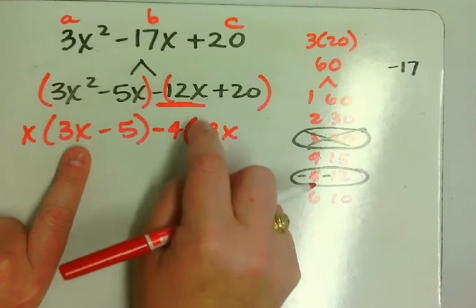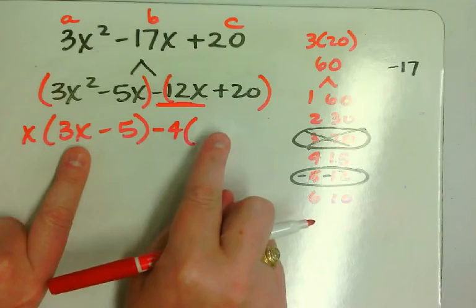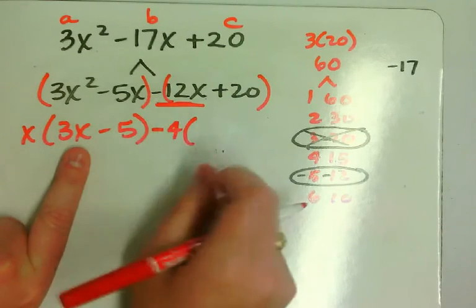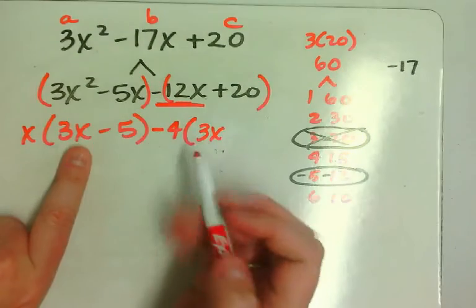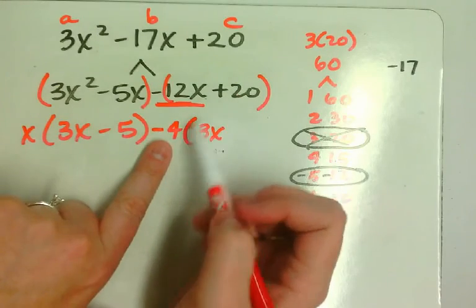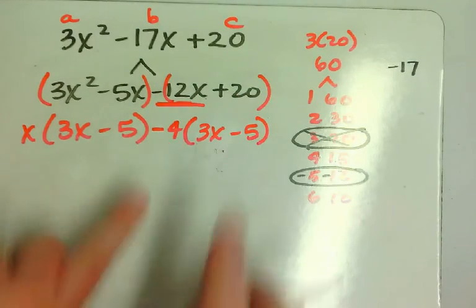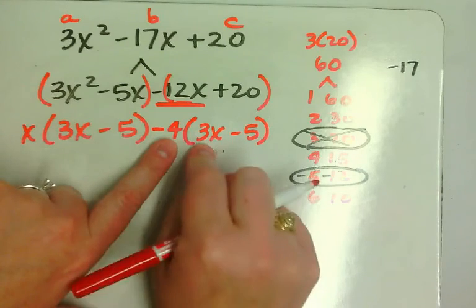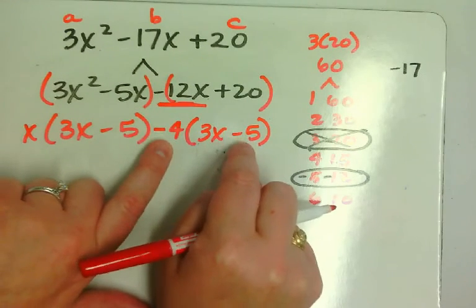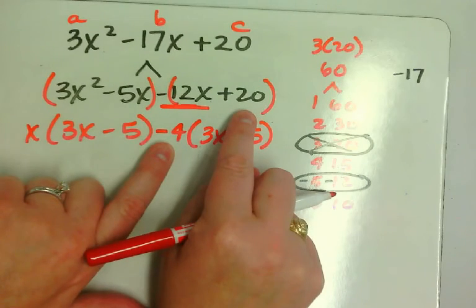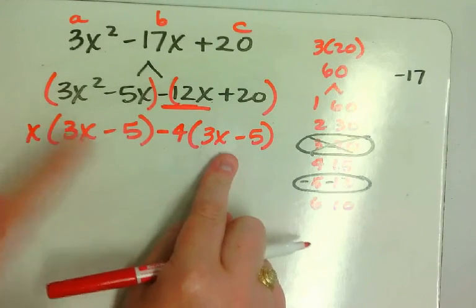Okay, so this is where we have to be careful. What is a negative times a blank gives me a negative? A positive. Now I have a positive 20 and a negative 4. What is this going to be? Negative 5. So negative 4 times 3x is my negative 12x. Negative 4 times negative 5 is my positive 20. Do they match now? Yes. All right, finish the problem.